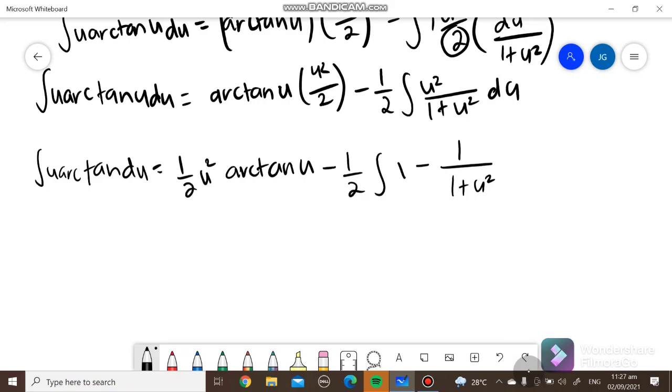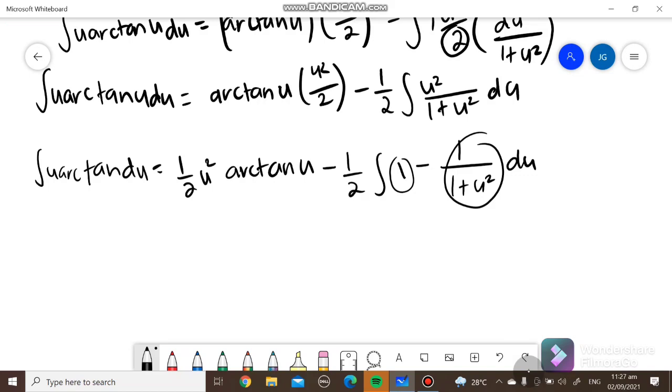Okay? So, don't forget the du. So, we can integrate this, okay? So, the integral of this is simply u. The integral of this is simply arctangent of u.